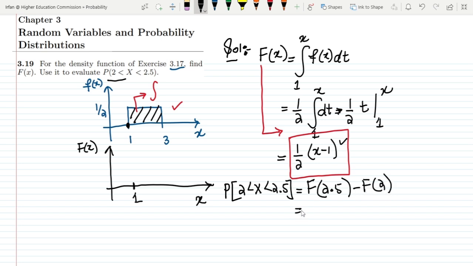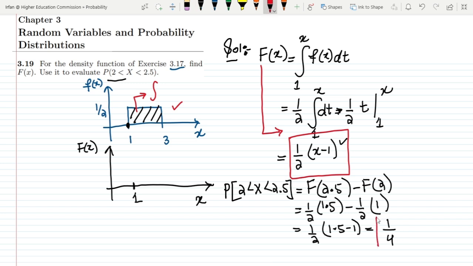Now let me put these values. Here I will get 1 by 2, and x minus 1 is 2.5 minus 1, so it will be 1.5, and minus 1 by 2, and here 2 minus 1 is 1. So 1.5 minus 1 will be 0.5, and ultimately I will get 1 by 4, which is the solution of this part.